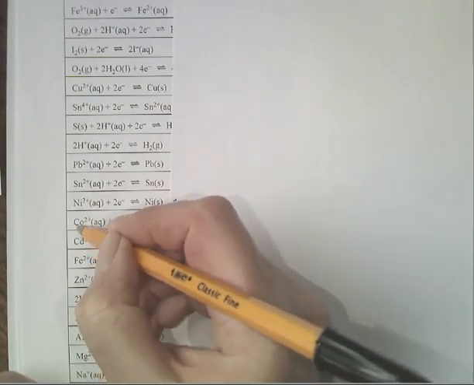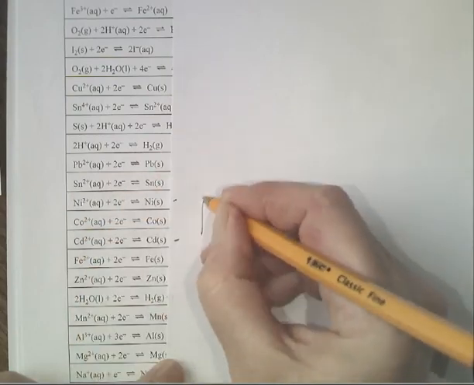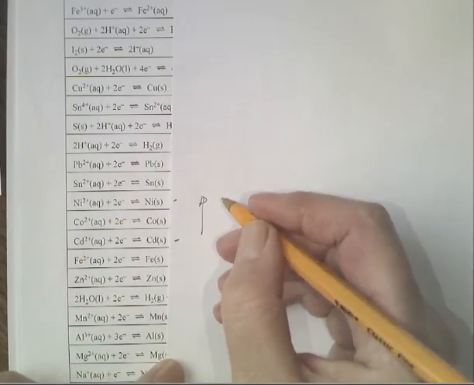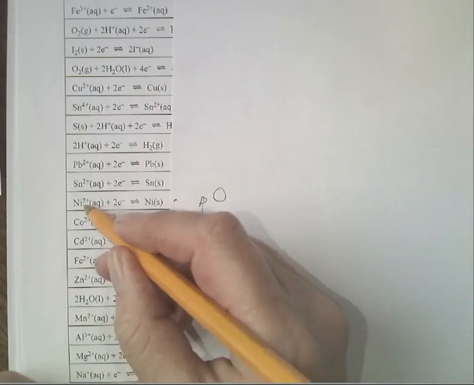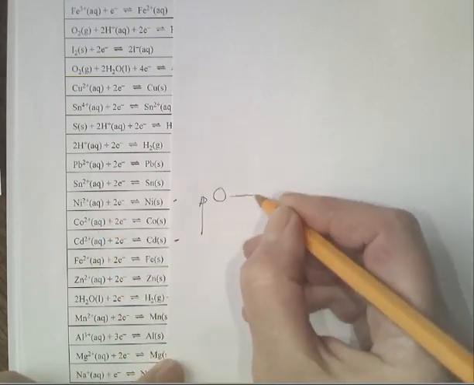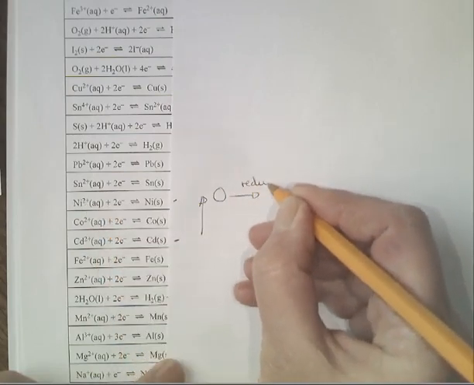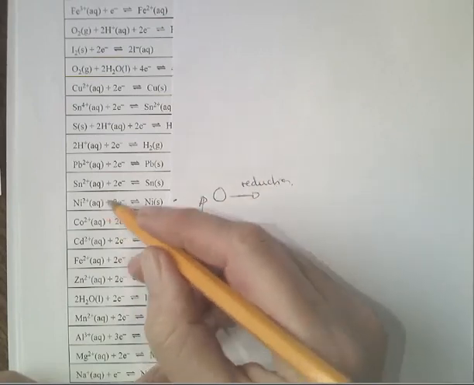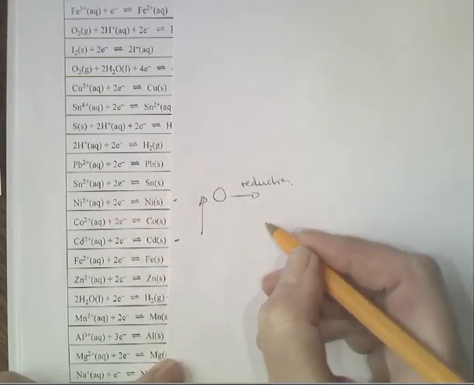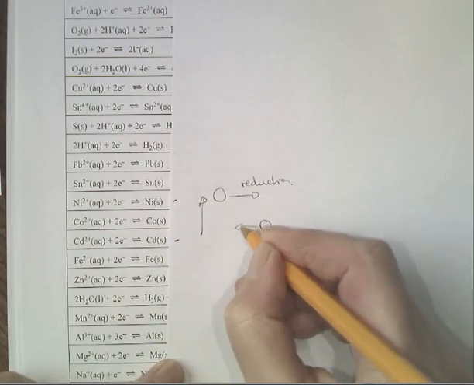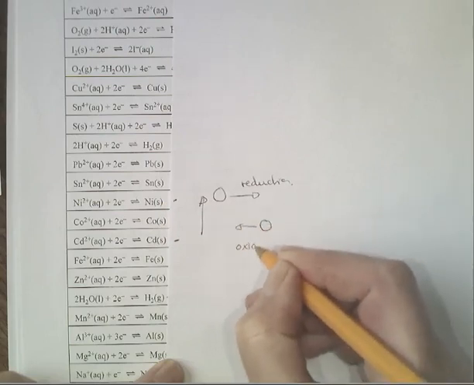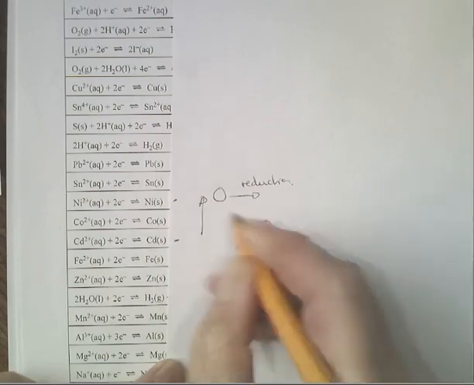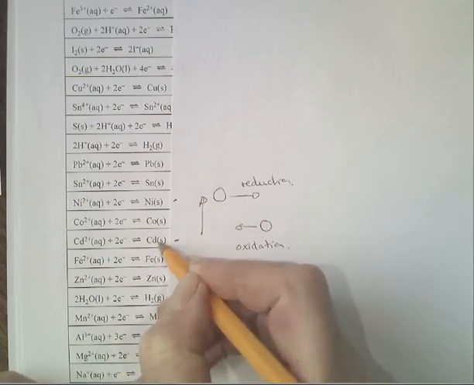The chemical that is higher on this side is the stronger oxidizing agent, so it's the one that's going to get the electrons and undergo reduction. And the chemical on this side is the one that's going to give up the electrons and undergo oxidation. So the cadmium is going to undergo oxidation.